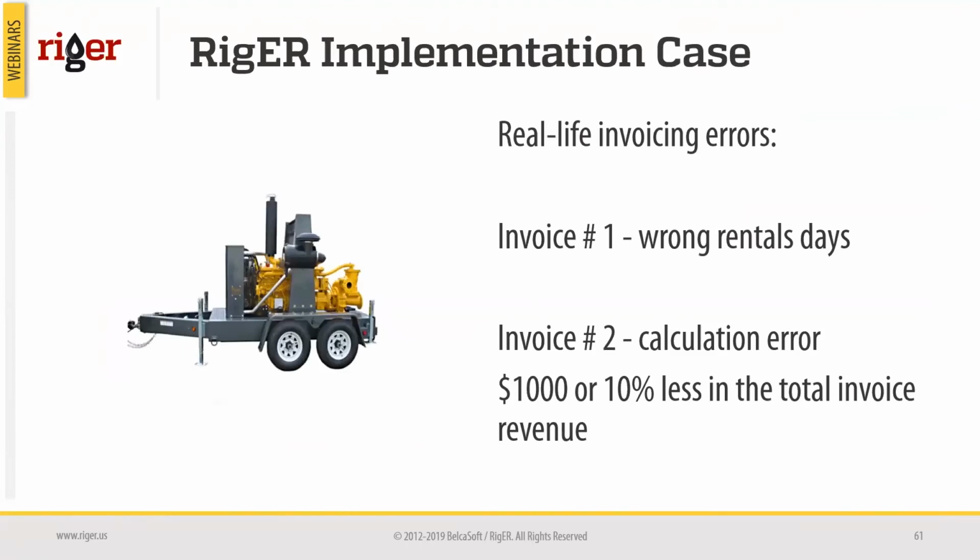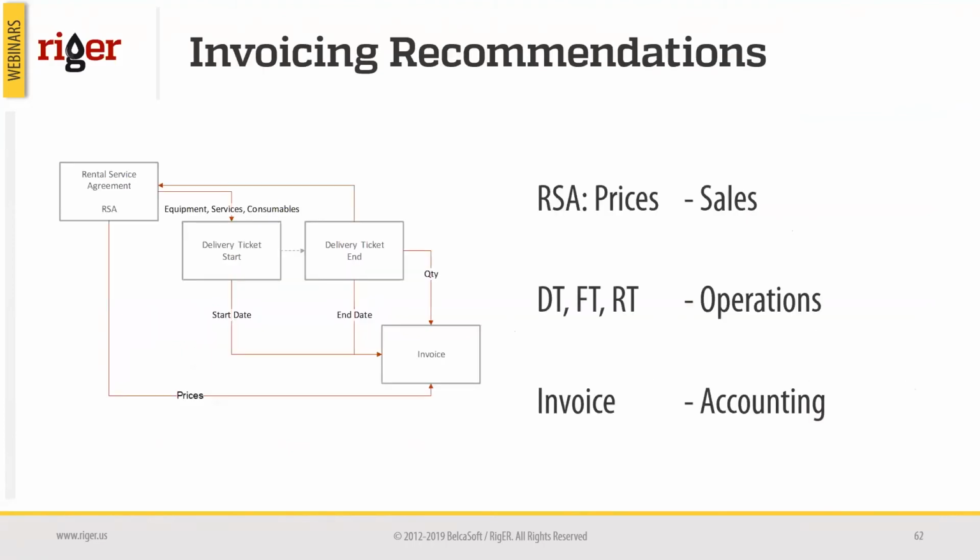So when we see an accountant taking everything into their own hands and trying to calculate the invoice, and something appears not really correct, it means that some information is missing on the delivery tickets or rental service agreement.